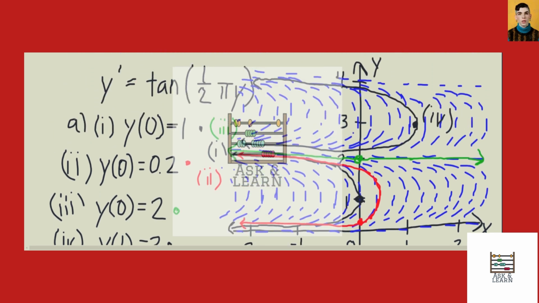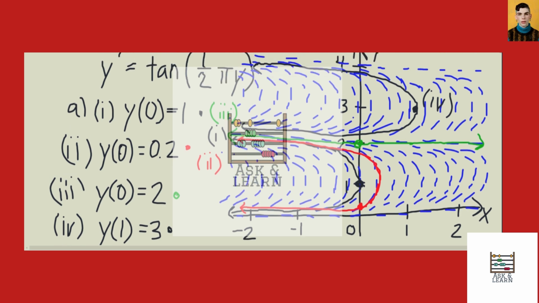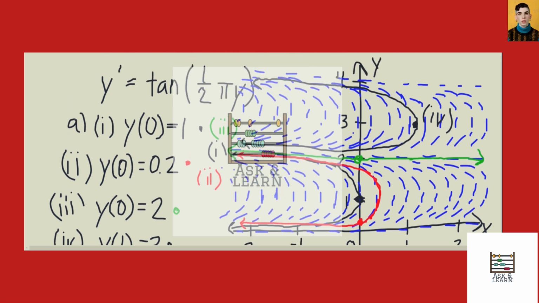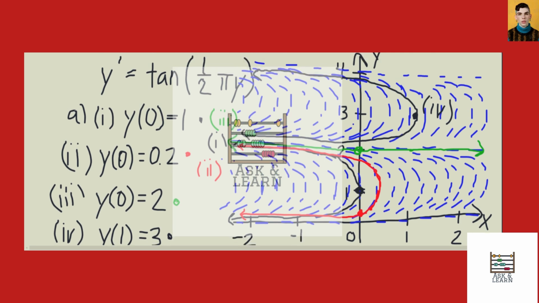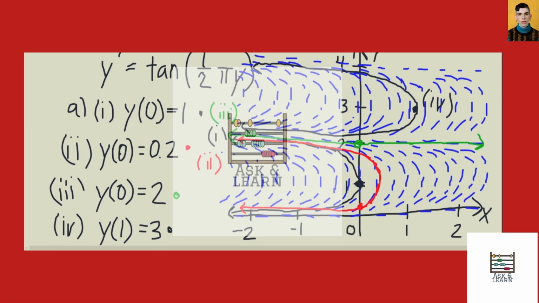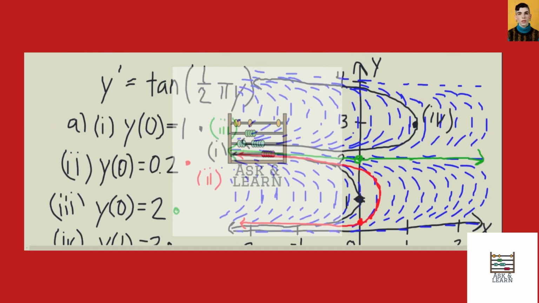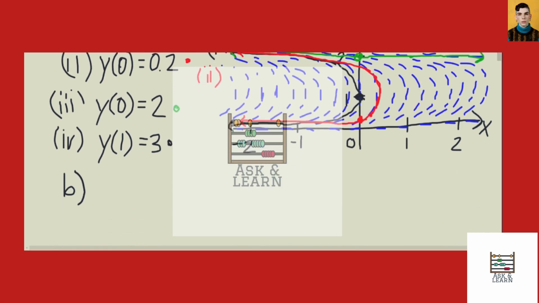So we might guess that all equilibrium solutions are the set of all horizontal lines which have the form y equals 2k for some integer k, so it's y equals some even number. To prove this, we can use the equation.